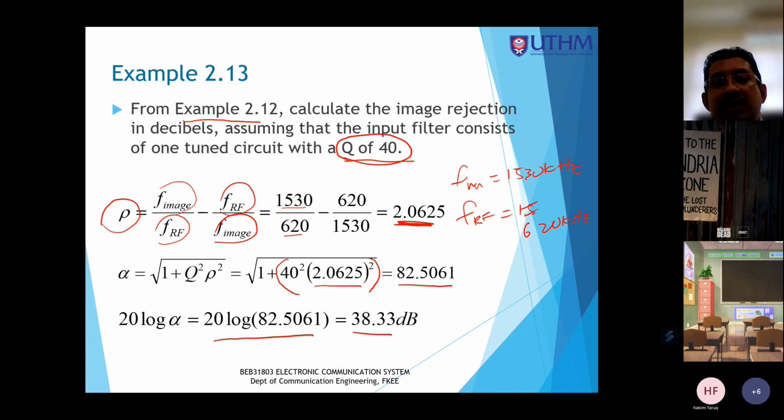The higher the rejection ratio, the higher the capability of the receiver to reject image frequencies. So that's all for topic AM.